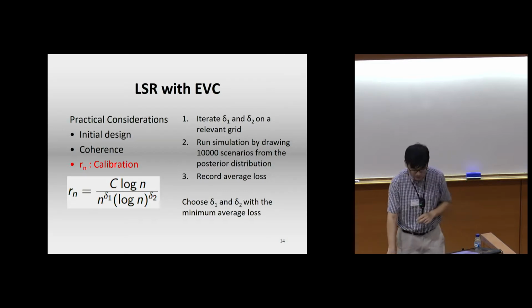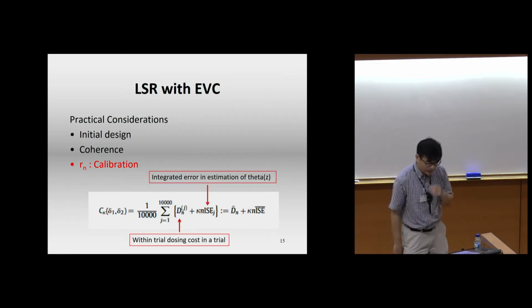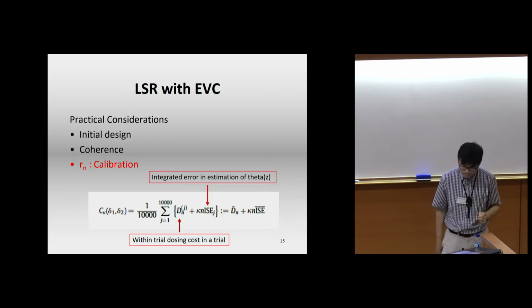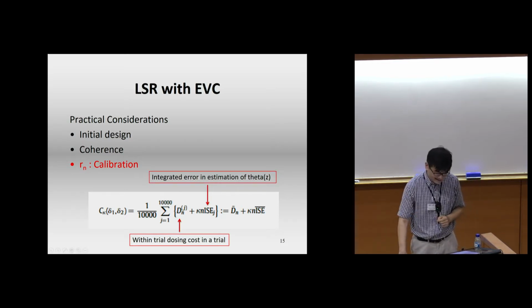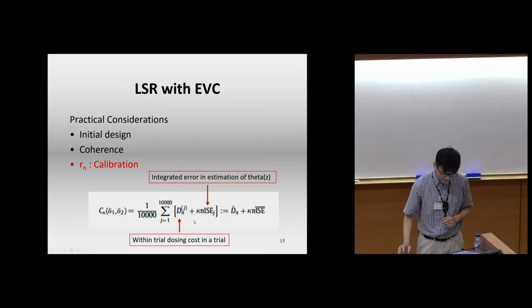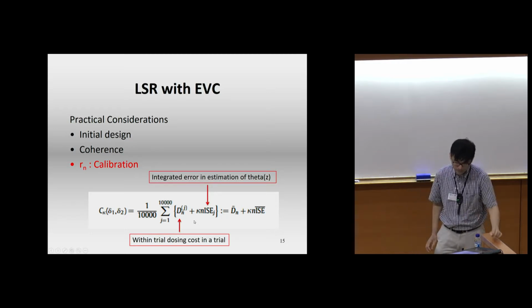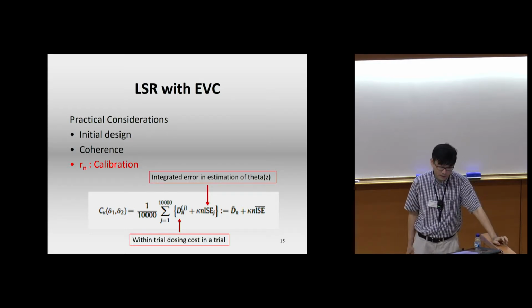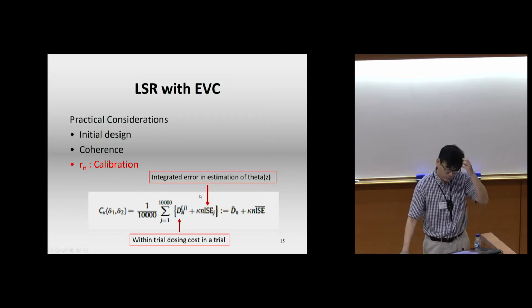So we do need to define some sort of loss function, which is given here. Again, it's nothing too complicated. It's because we want to strike a balance between estimation and dosing cost during the study, right? So the loss function is actually reflecting that. This is similar to integrated error in estimation of theta z.